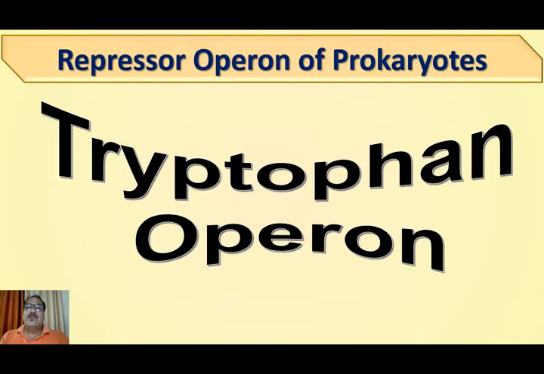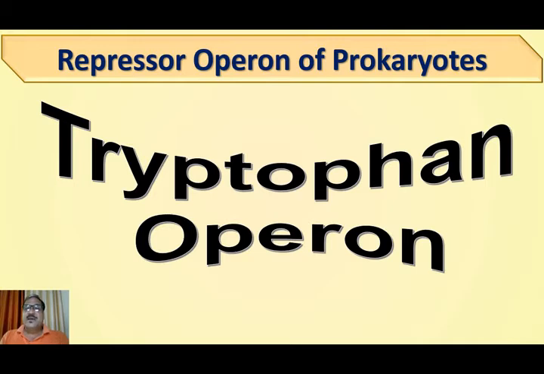When an amino acid is present in the growth medium, the genes encoding the enzymes for the biosynthetic pathway for that amino acid are turned off. And when the amino acid is not available in the medium they grow in, the genes encoding the enzymes for the biosynthetic pathway for that amino acid are turned on. We call amino acid biosynthesis operons controlled in this way repressible operons.